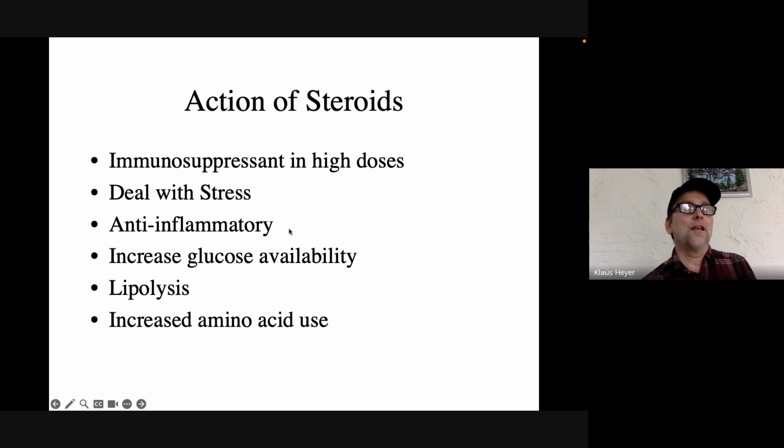You'll see it a lot with its anti-inflammatory capacity. Especially older people, they get inflamed all around their body, and they're always in pain. So, a shot of steroids works wonders.